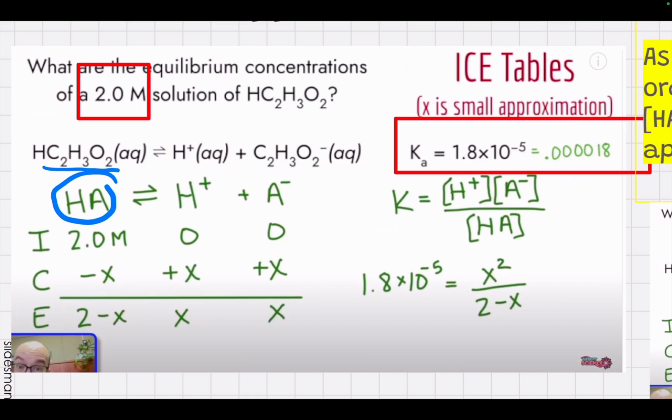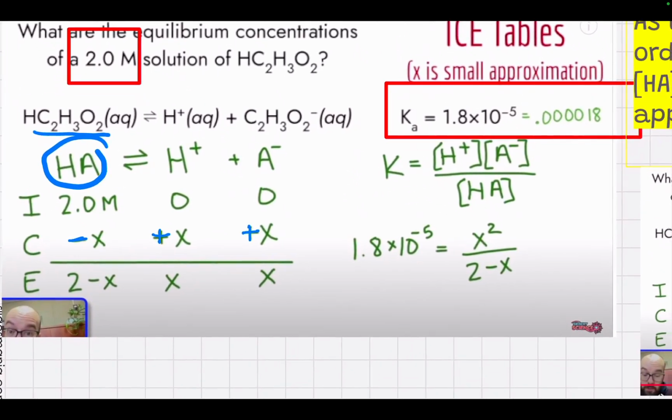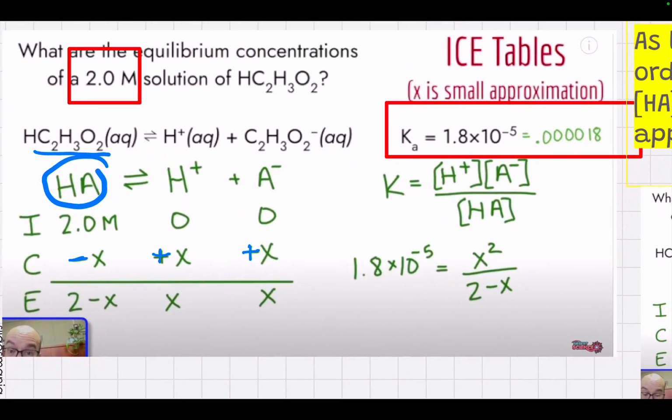And then we can assume that we're going to be making the hydrogen and the acetate ion and using up the acid. But if I see this X is negligible, I can essentially take it out and only put a 2 in the denominator, which then allows me not to have to use the quadratic formula.